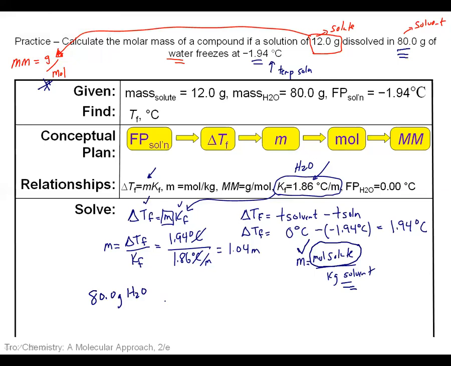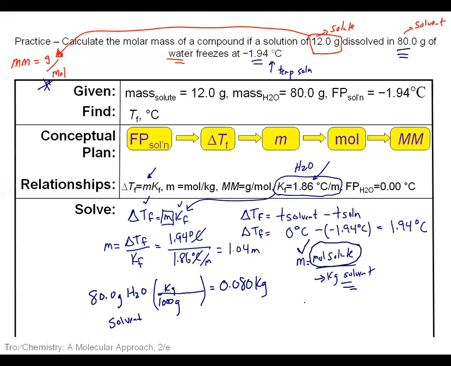But remember that we don't need it in grams. We do need it in kilograms here. So we're going to have to convert it. So there are 1,000 grams in a kilogram. And that's going to give us 0.08 kilograms for our solvent. Now we do have that number.